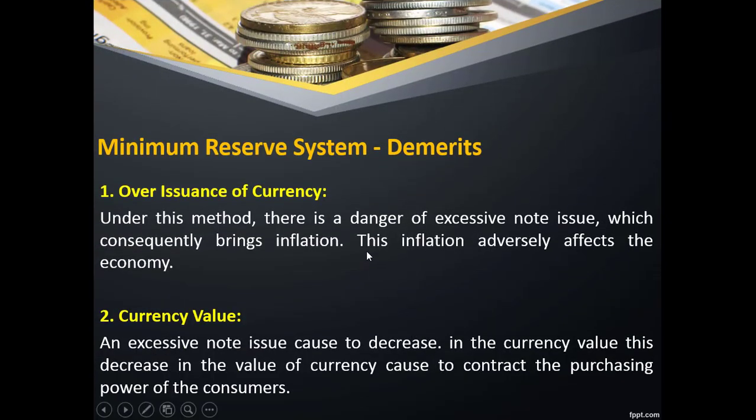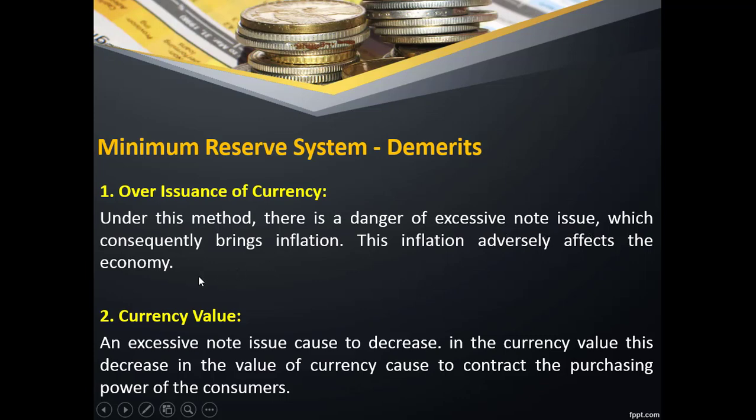But we know that if it is so elastic, there must be demerits. Yes, overissue. The first demerit is overissuance. This overissuance can bring inflation. We know that purchasing power declines in the country and it affects the common man. If any country overissues, there is a danger of excessive note issue.